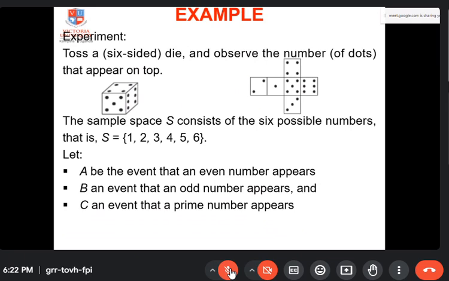Are you sure? Well, I don't know, but in most cases, it is not taken as a prime number. How about 2? Is it a prime number?